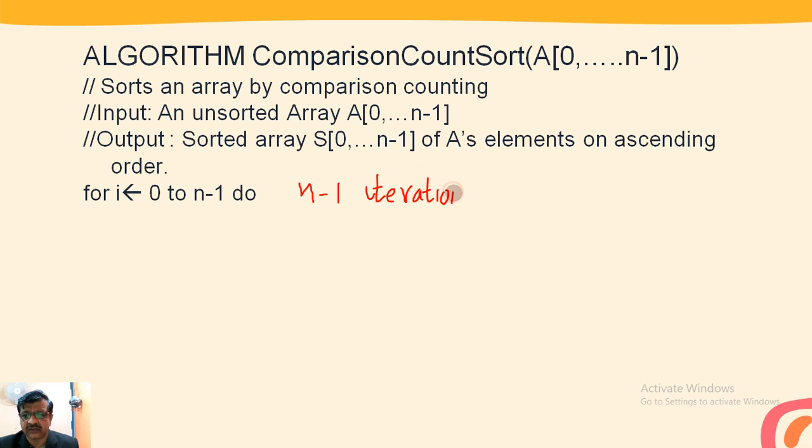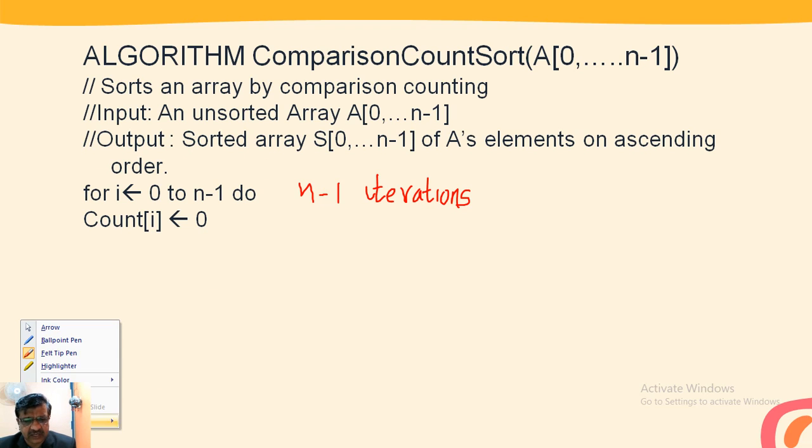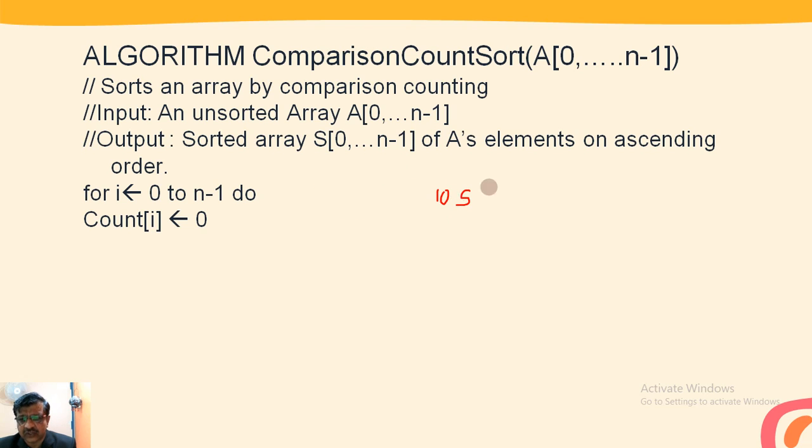n-1 iterations, and in every iteration, so this is for initializing. Of course it is not for the iterations, it is for initializing the count array. The count array is initialized with zeros because it has nothing in store. It has to gather, it has to accumulate.